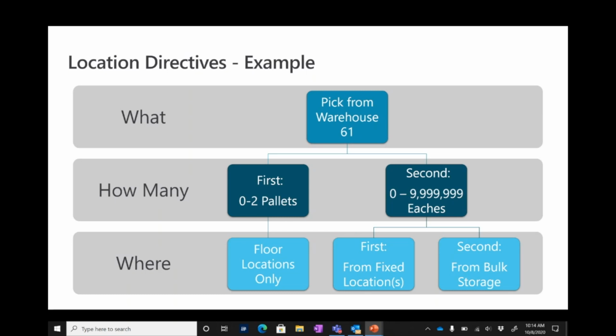So it's very important when we talk about the sequence number that is identified in the middle and bottom sections, that's very important, and I've included that in the example here. So if we start with our what of the pick from warehouse 61, and then we move into our 2 sequences that could happen in the middle grid, which is defining the how many.